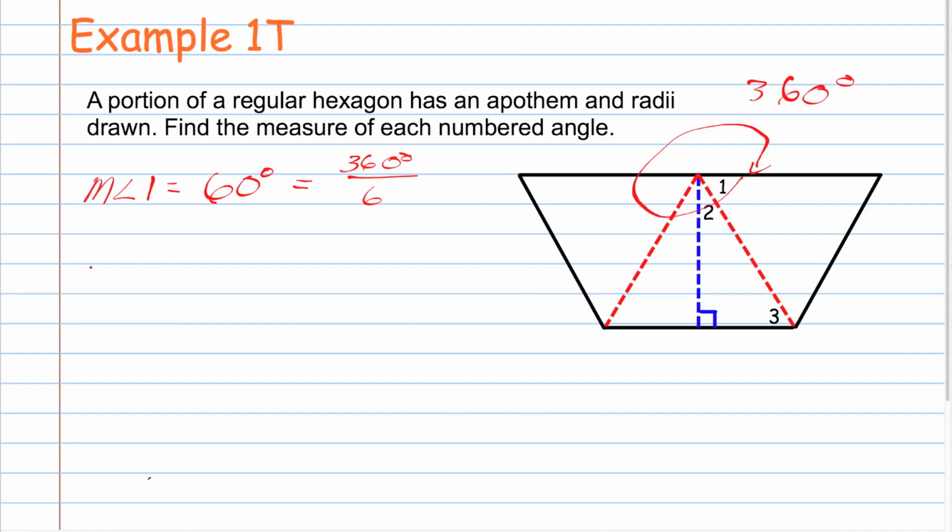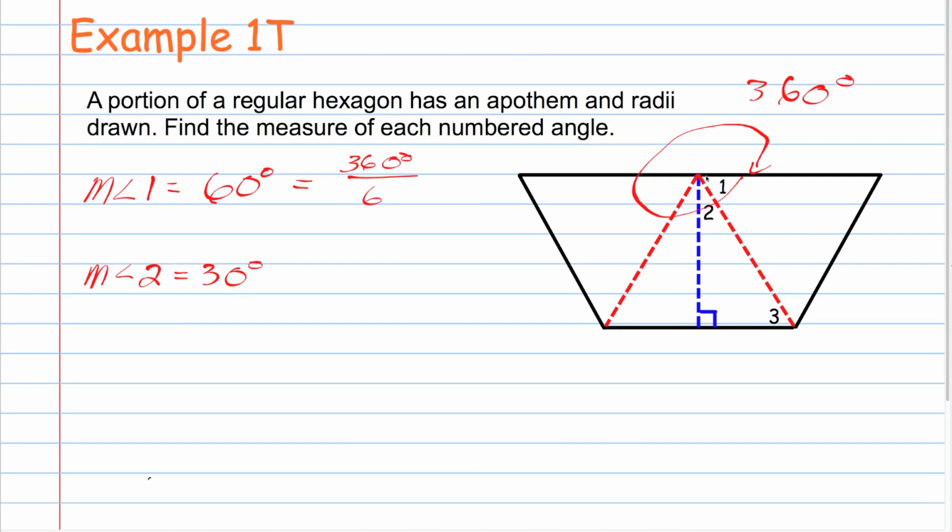The measure of angle 2 is going to be equal to 30 degrees. And the reason we know that's 30 degrees is because these two radii and this part of the hexagon form an equilateral triangle.